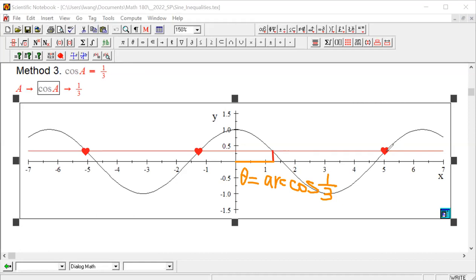And how about this one? How do we get this one? Well, that would be the negative angle plus 2 pi, right? And from here, minus 2 pi we get here. And from here, we plus 2 pi we get there, and we keep going, right?